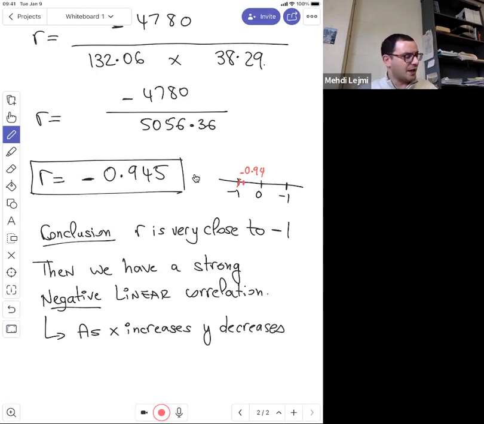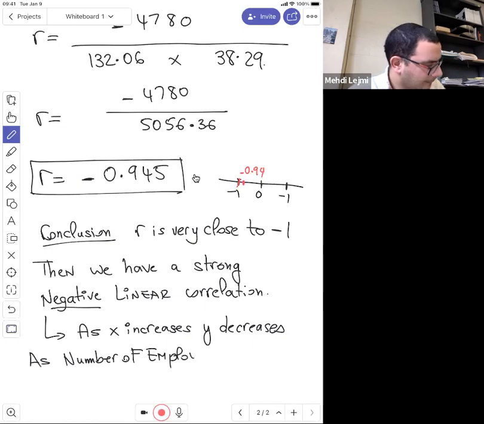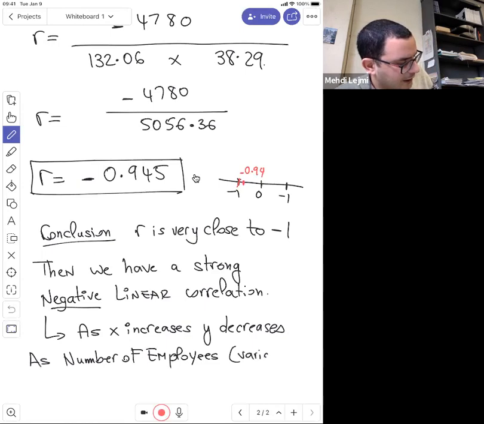So in other words, what's X? X represents the average number of employees. So as the number of employees increases, the Y decreases.